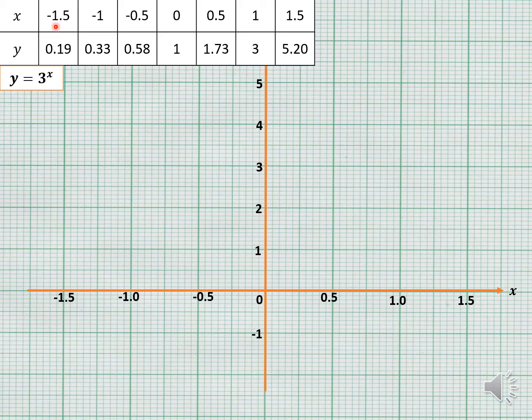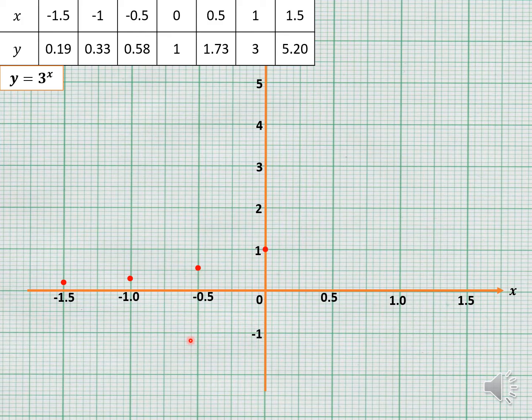So if I plot negative 1.5 with 0.82, you're going to find it somewhere there. If I plot negative 1, 0.33, it's about somewhere here, all right? And then if you plot negative 0.5 and 0.6, that's about somewhere there, we can see that.